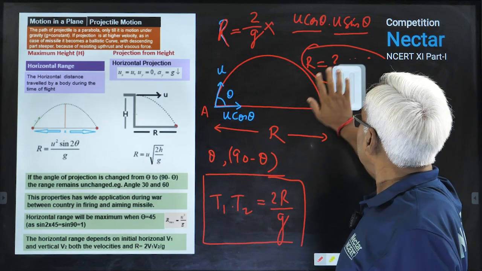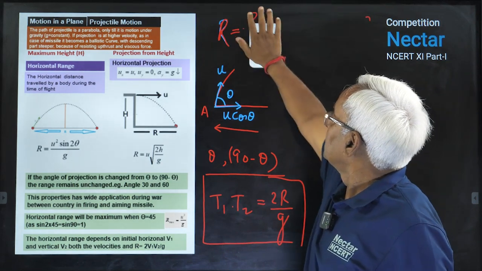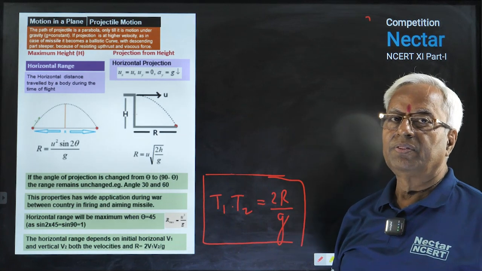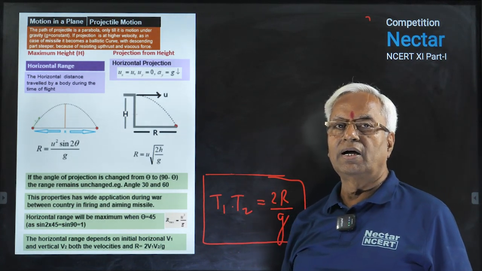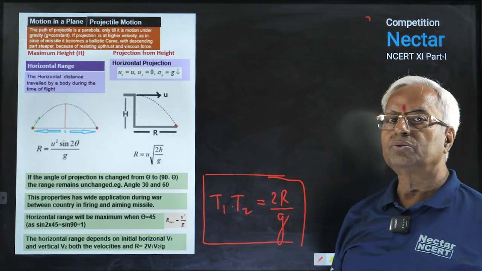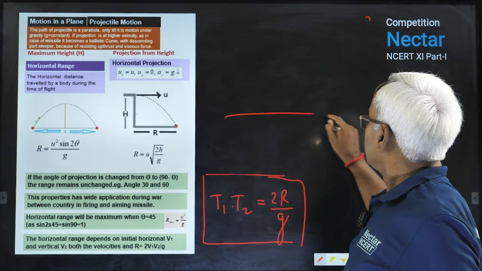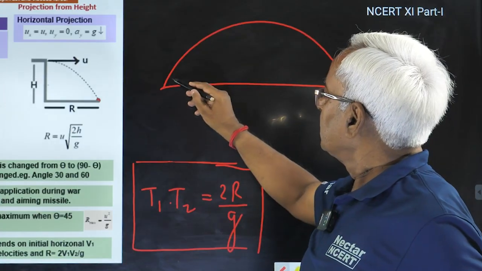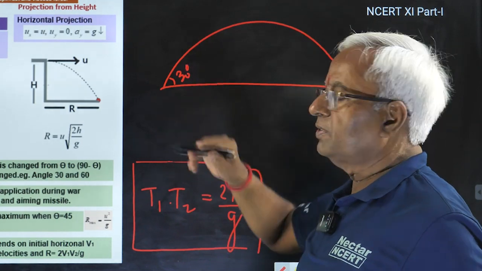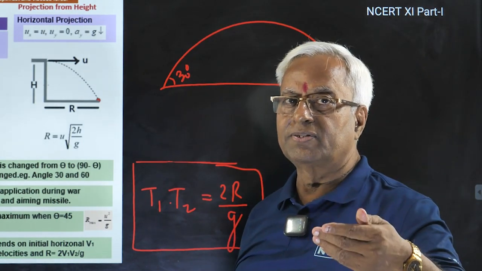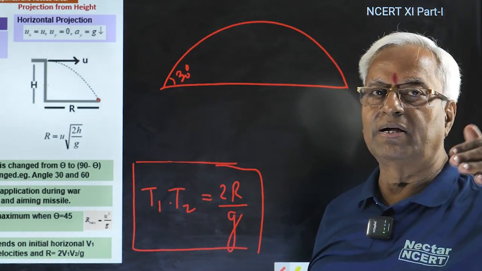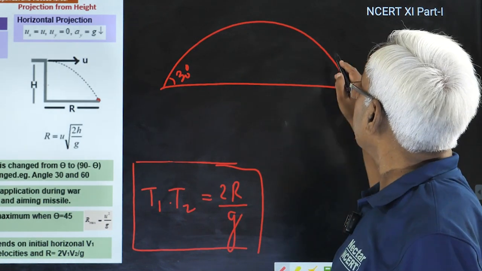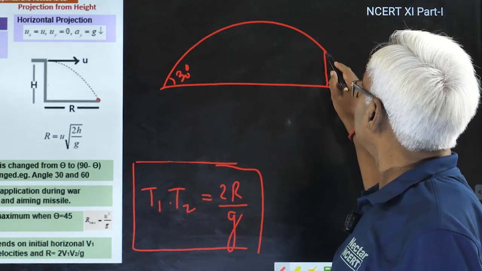Now, this condition, that in order to get the same range you have to choose the angle either 30 degree or 60 degree. See, angle 30 degree was chosen for firing a missile by one country to aim at some place in the enemy country, and that country is here.